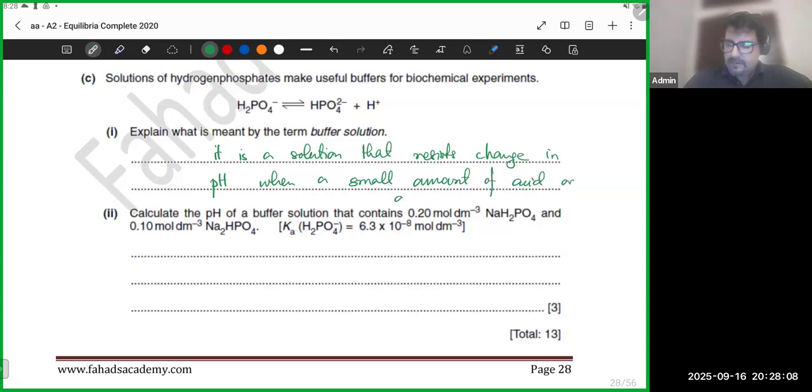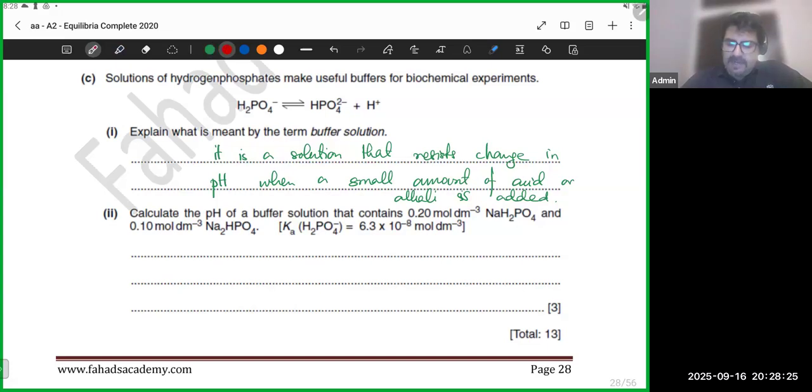It's basically going to neutralize both. That's the simple definition: it resists a change in pH when a small amount of acid or alkali is added.